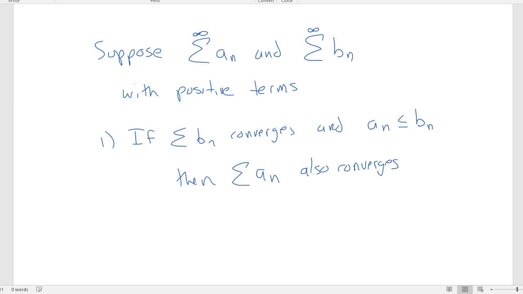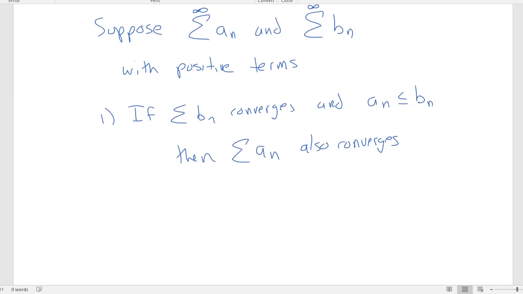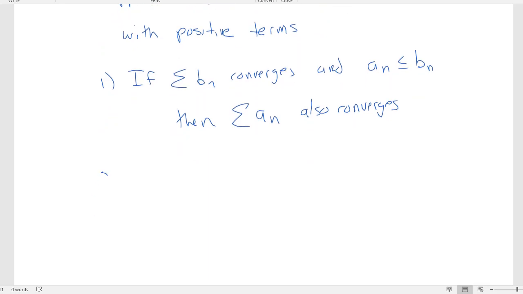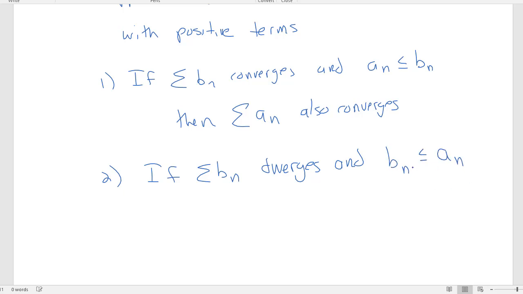So that's the first form of the statement, and then for divergence we need the inequality to be in the other direction. So if we know that our hunch b sub n diverges, and we can show that that known hunch is smaller, then the sum of my known series being infinite, anything larger has a sum that is also infinite. So we conclude in that case that the sum of a sub n also diverges.